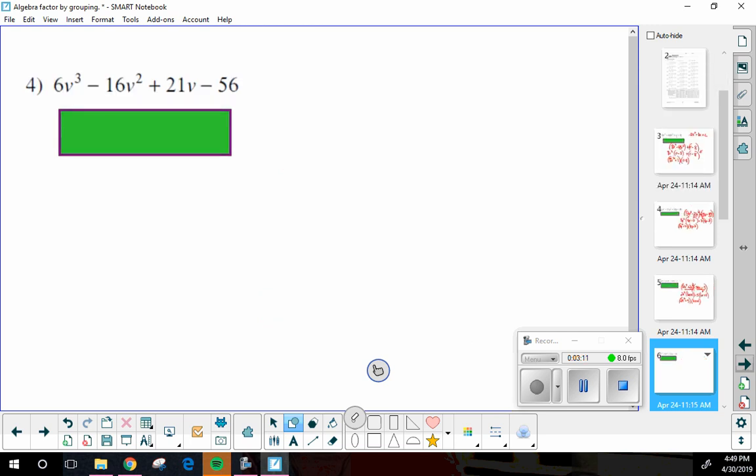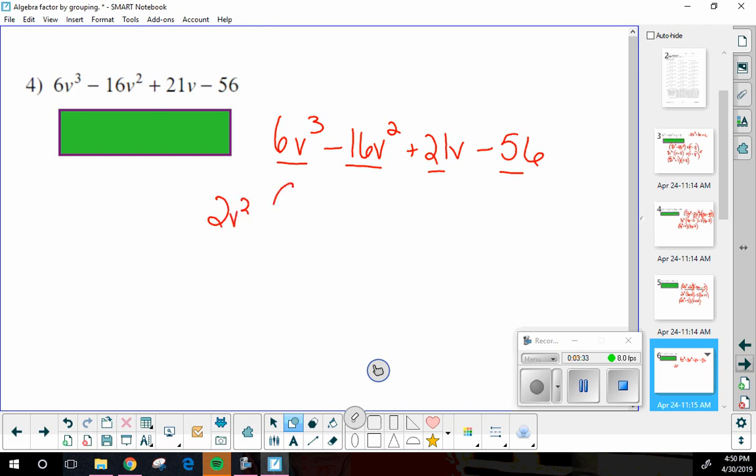Okay, and on this next example, I'll rewrite it, and you should be rewriting it too: 6b cubed minus 16b squared plus 21b minus 56. So this has a greatest common factor of 7. This has got a 2 and a b in it, 2b squared actually. 2b squared times 3b will get you 6b cubed, and then minus 8 will get you 16b squared.